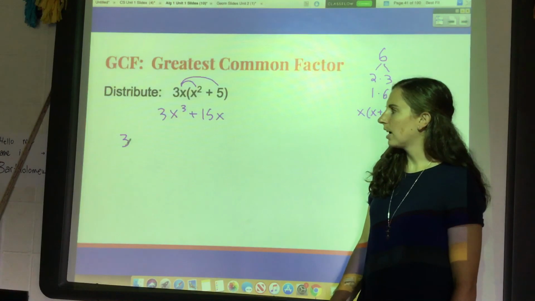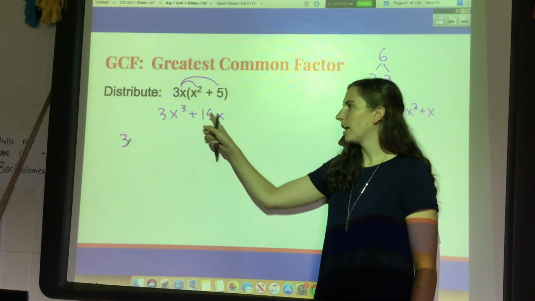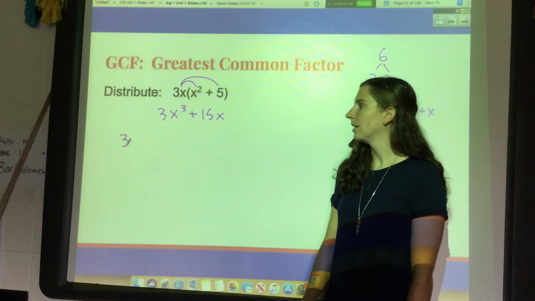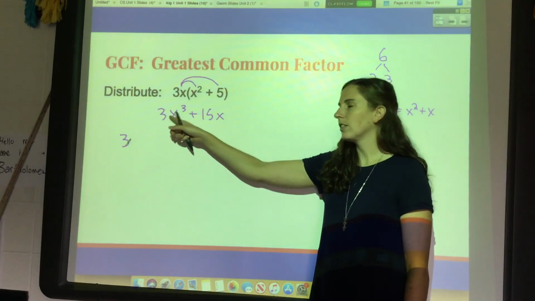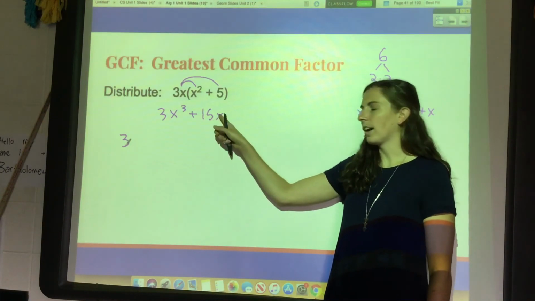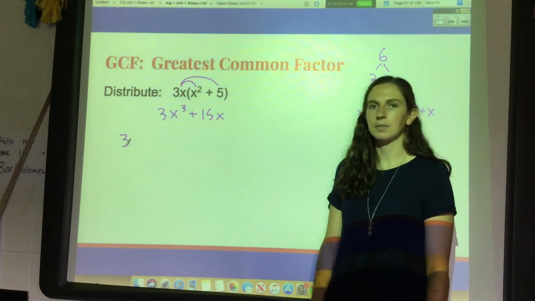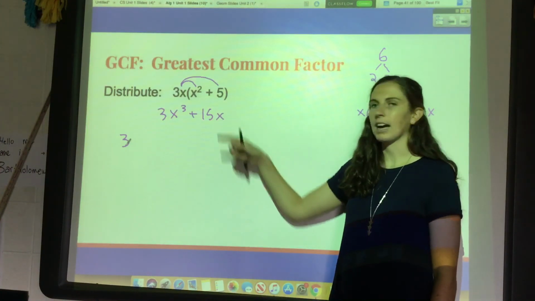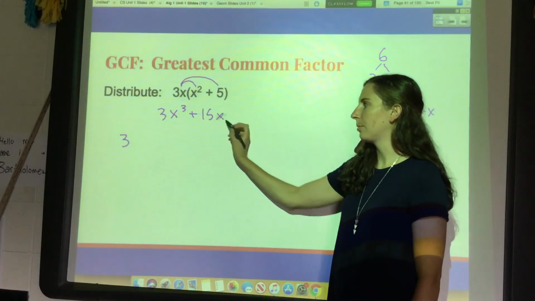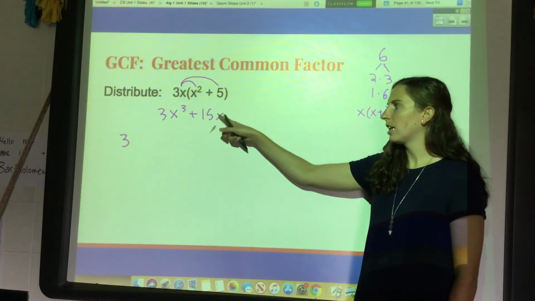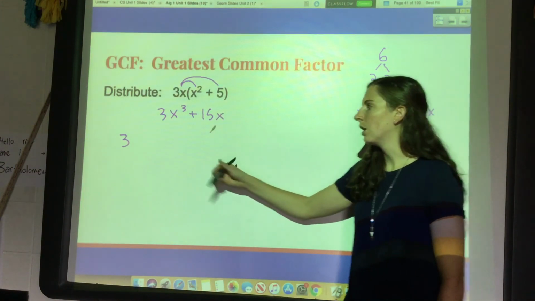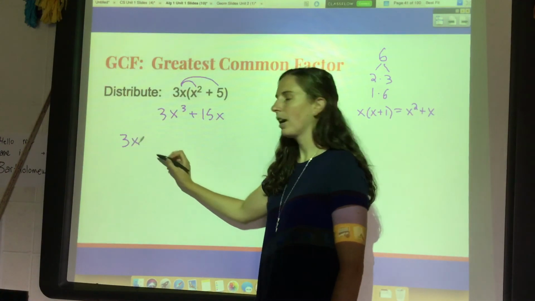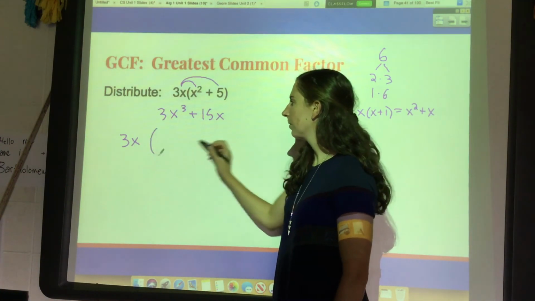And I notice I could divide both of them also by an x. See how I could divide this evenly by an x, and I could divide this evenly by an x. If I try to do any more than that, I'm going to run out of x's right here. Like if I tried to divide by x squared, there's not enough x's here to do that. So x is the greatest amount of x's that I can take out.